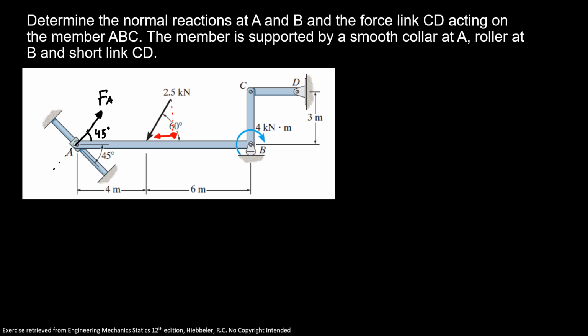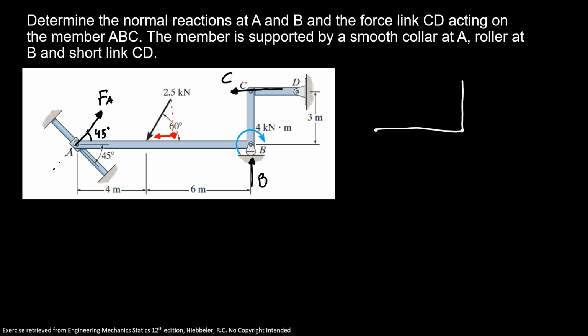B is just one reaction up. So here I'm going to put B, and here the reaction of our link CD, that I'm going to call C. So here is our member with all our reactions.